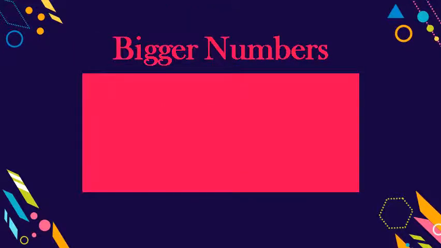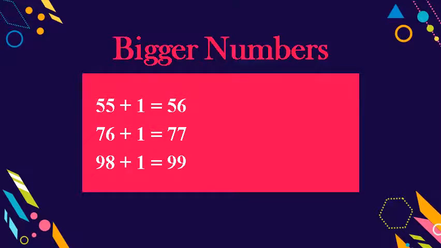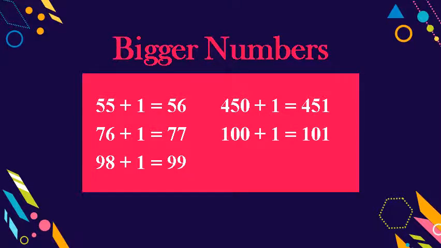Now for bigger numbers, we can write the next number quickly. For example, 55 plus 1 equals 56, 76 plus 1 equals 77, 98 plus 1 equals 99, 450 plus 1 equals 451, 100 plus 1 equals 101, 385 plus 1 equals 386.